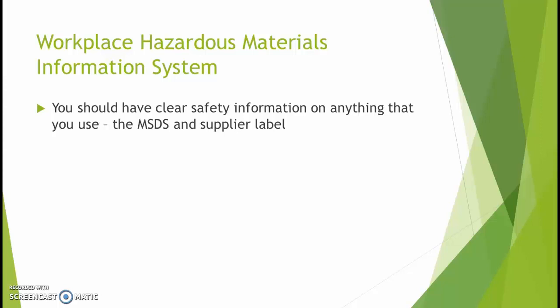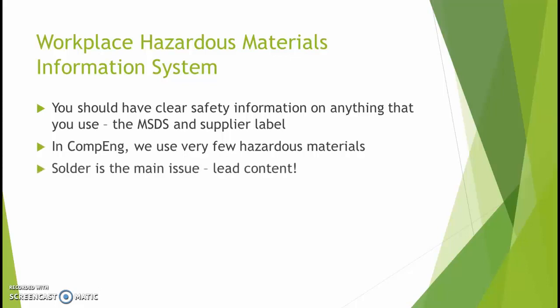So anything that you use in the computer engineering lab that has safety implications, you should know that there is an MSDS and there should be a supplier label put on it that gives you information. We don't use many hazardous materials in computer engineering, and really solder is the main issue. And again, it's due to the lead content.